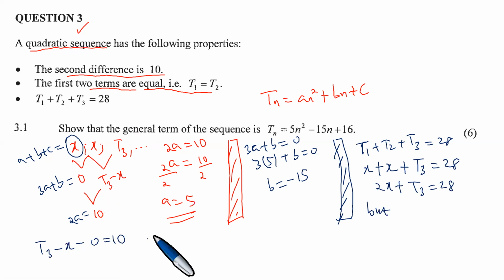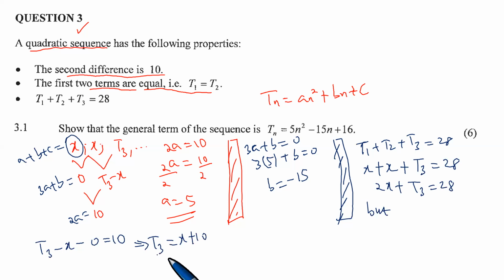And this means something about T3. It means T3 is the same as, moving the x to the other side, x plus 10. So if you transpose, it becomes x plus 10.